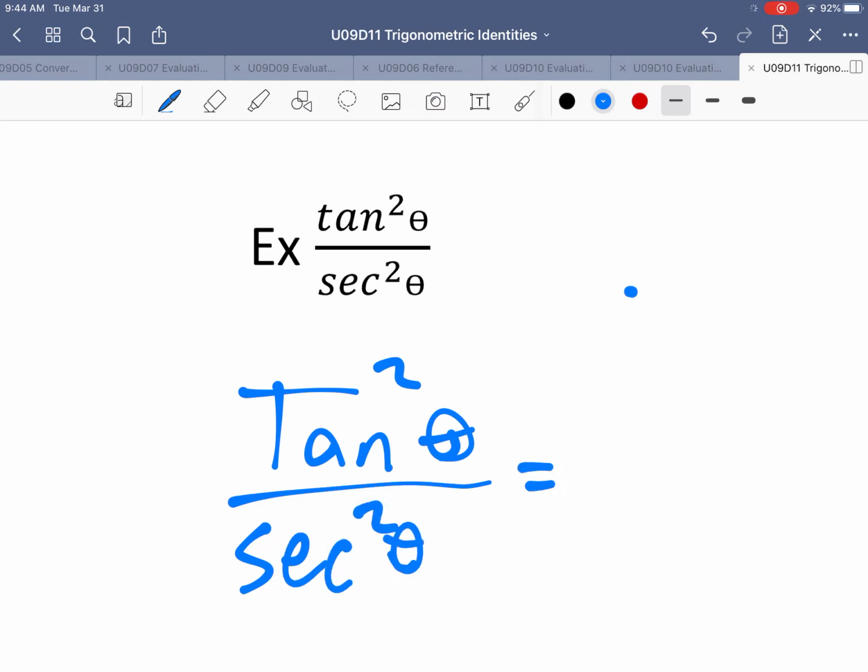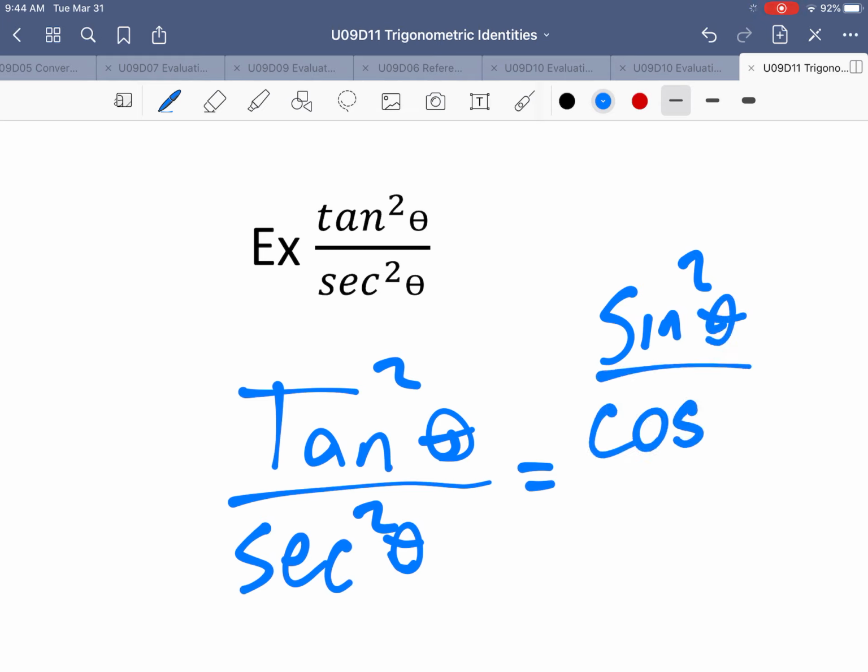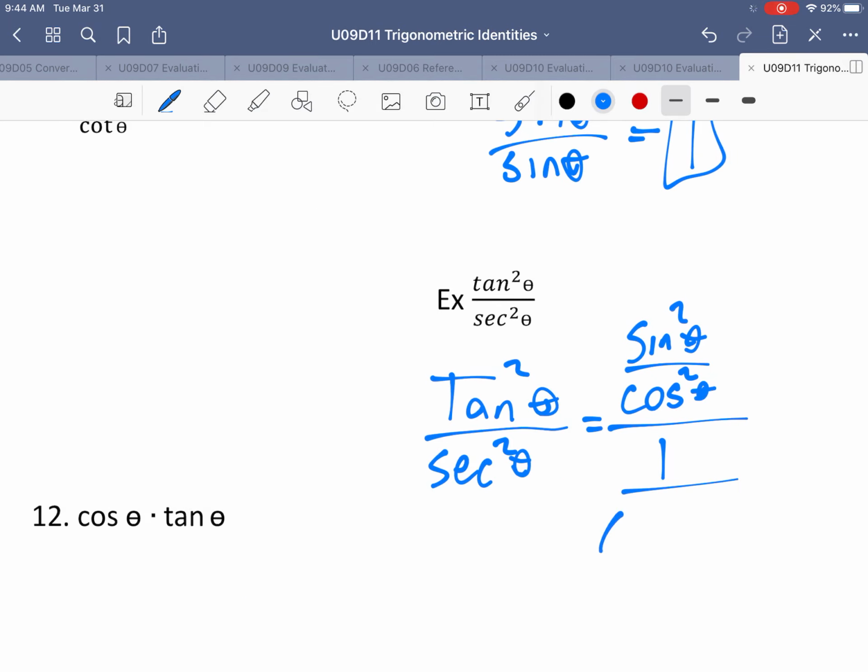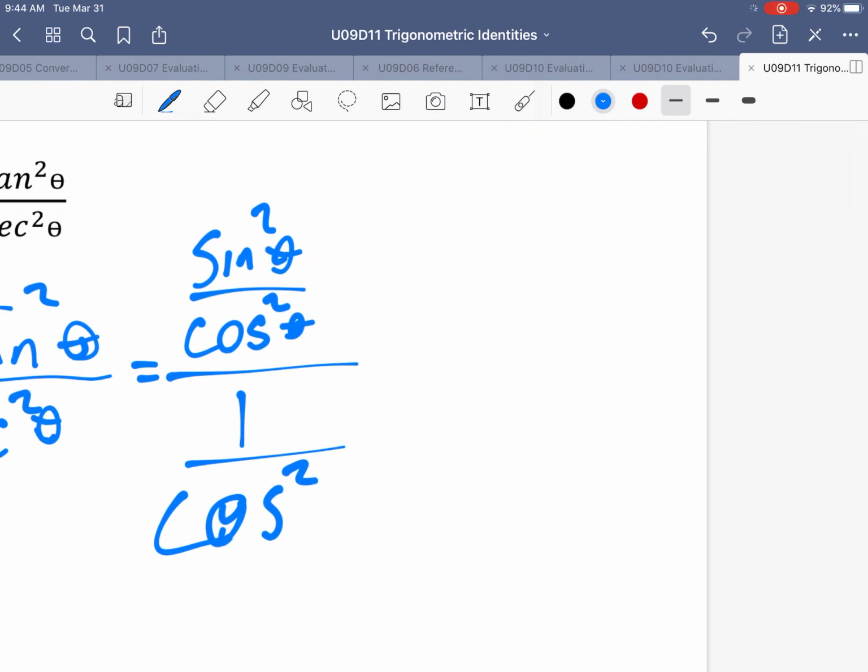I'm going to rewrite this as sine squared theta over cosine squared theta. I'm going to rewrite secant squared theta as 1 over cosine squared theta. So that's just using the identity of tan and the reciprocal of secant.